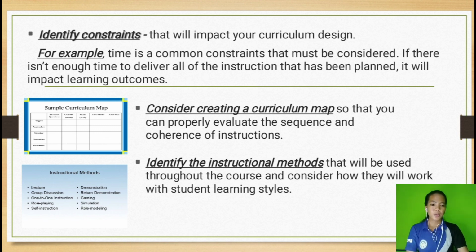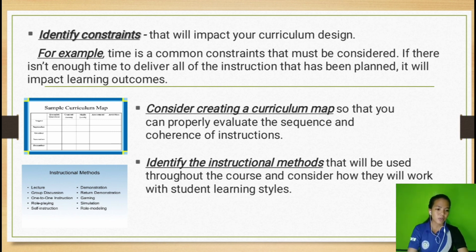Next one, consider creating a curriculum map so that you can properly evaluate the sequence and coherence of instruction. The next one, identify the instructional methods that will be used throughout the course and consider how they will work with student learning styles. What are examples of these instructional methods?